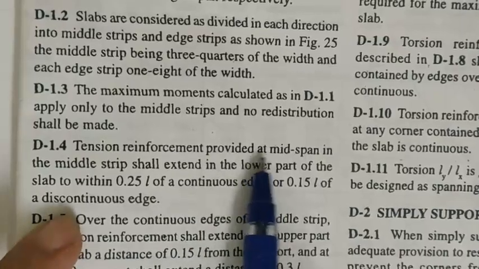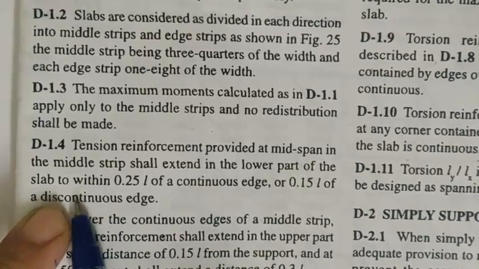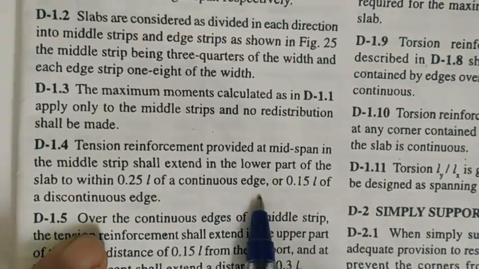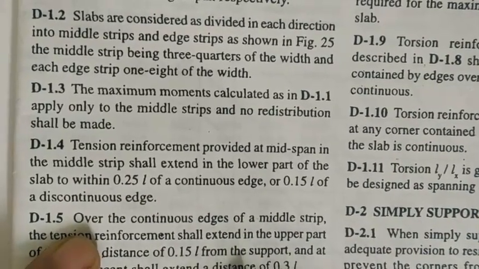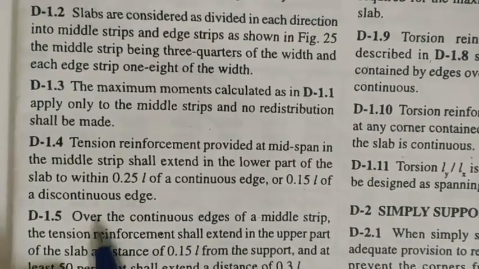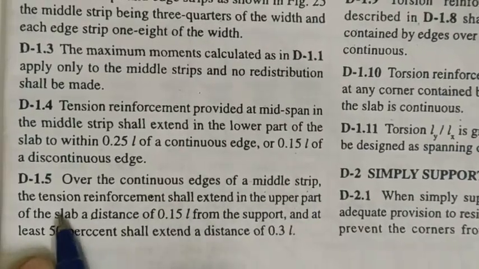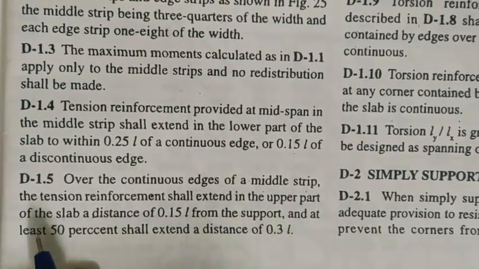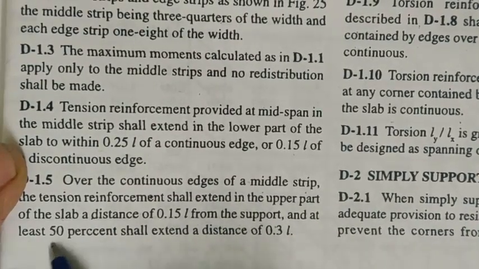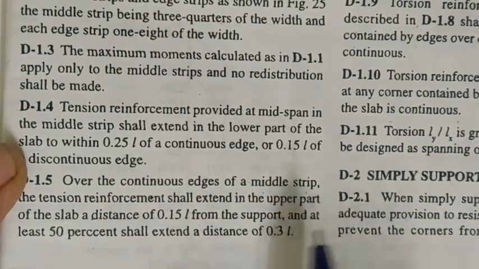What does it say first? Tension reinforcement provided at midspan in the middle strip shall extend in the lower part of the slab to within 0.25 L of the continuous edge or 0.5 L of the discontinuous edge. I'll tell you what each means. Over the continuous edge in a middle strip, the tension reinforcement shall extend in the upper part of the slab a distance of 0.15 L from the support, and at least 50% shall extend at a distance of 0.3 L from the support.